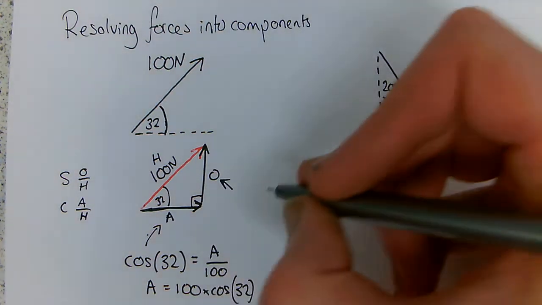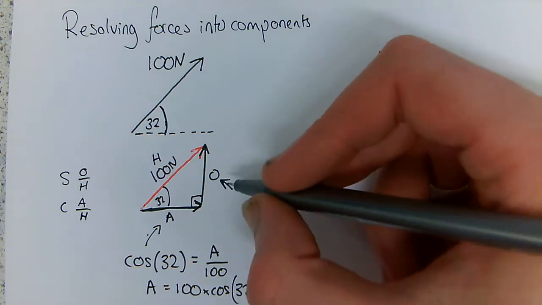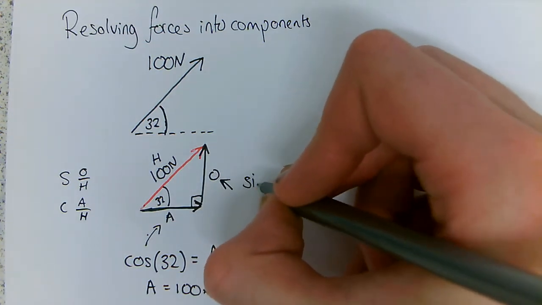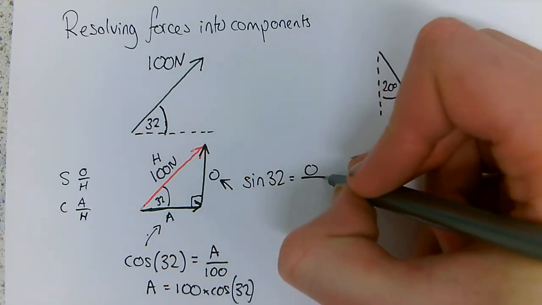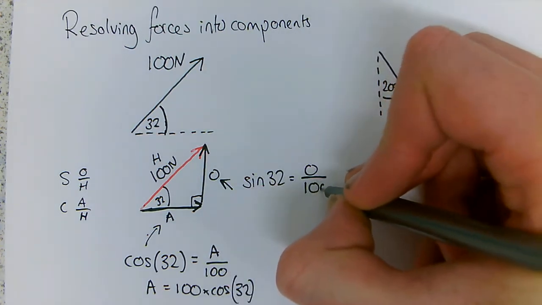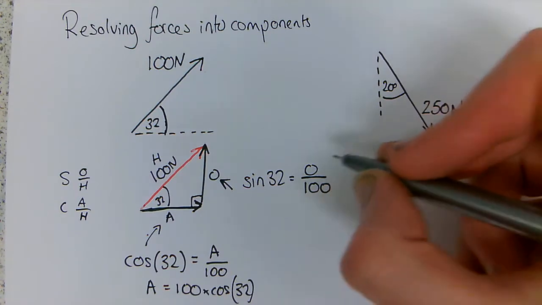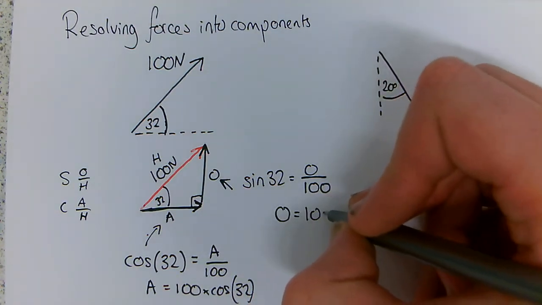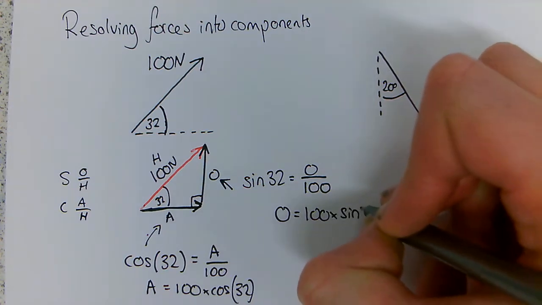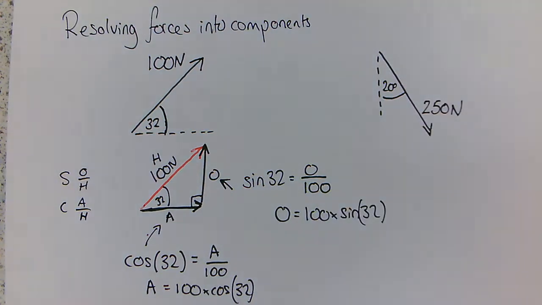This side here, you can see that sine of our angle is equal to the opposite divided by your hypotenuse. We want the size of the opposite side, so we've got O is going to be equal to 100 times sine of 32 degrees.